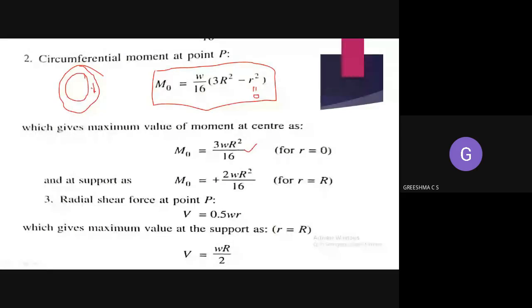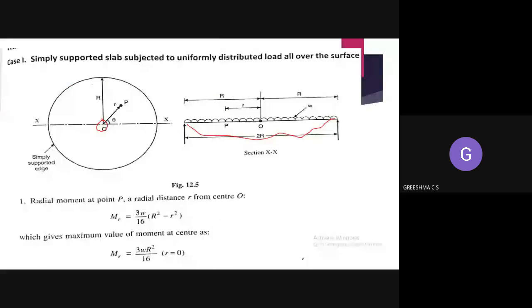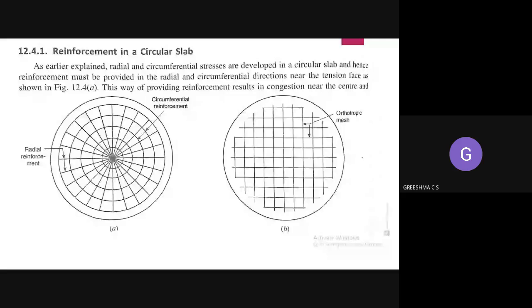Because of this bending you can see from this diagram that the bars have been circumferentially aligned, bent and provided circumferentially. Why? Because of the geometry of the circular slab, you will have a circumferential moment at the support.